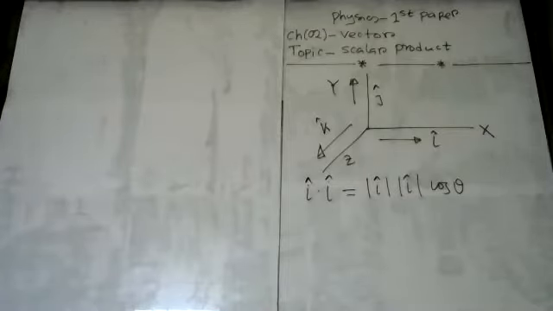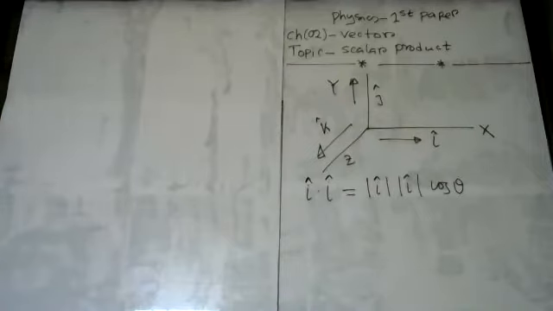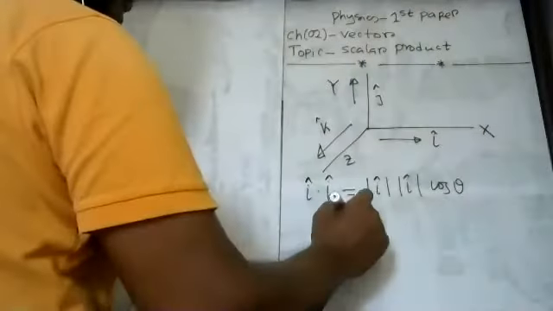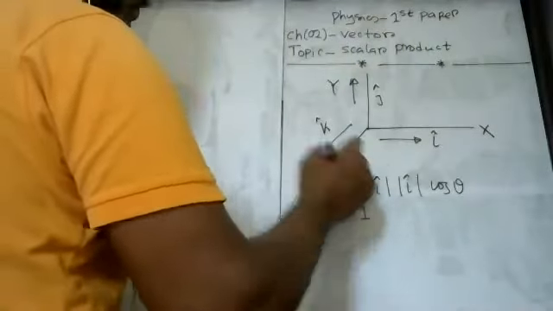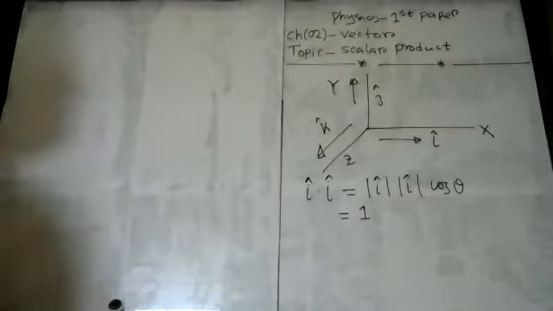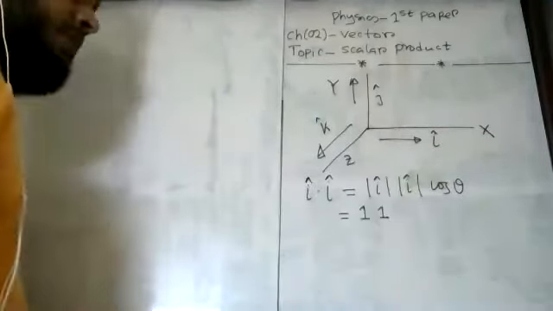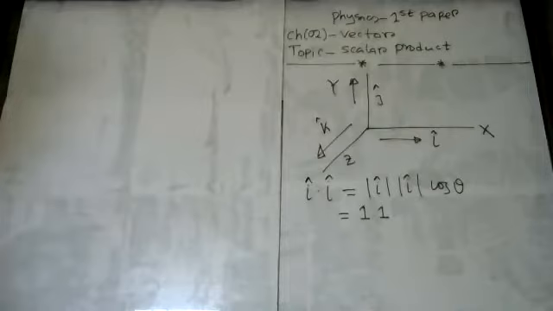Now, i hat is a unit vector. What is i hat? i hat is a unit vector. Since i hat is a unit vector, it has a magnitude of 1 unit. So you can say that in the place of i hat, it will equal 1, and in the place of the next i hat, it is also equal to 1, multiplied by cos theta. Now, what is the value of cos theta?